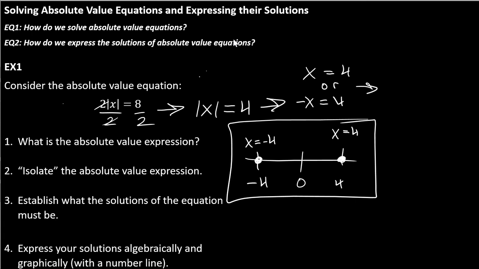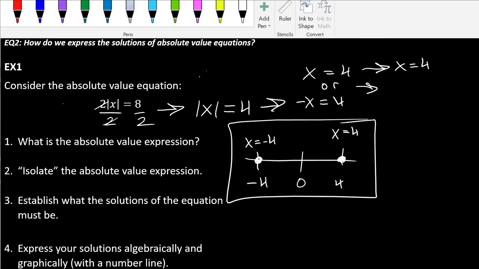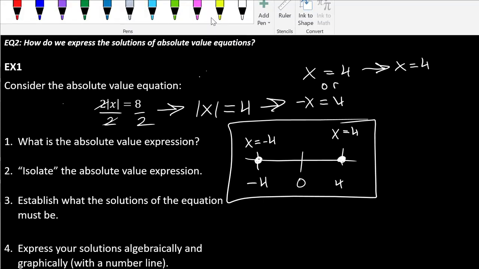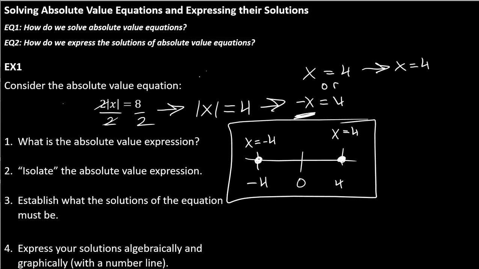This gives us x equals 4, or to undo the negative on the negative x, we would simply multiply by negative 1 on both sides. That would give us x equals negative 4. So x is 4 or negative 4, either way we look at it.